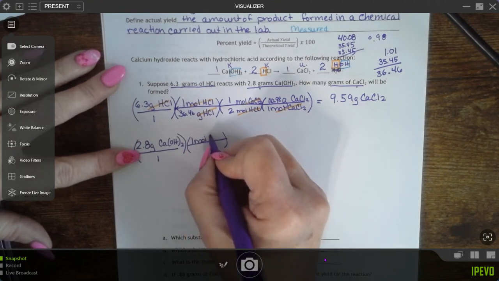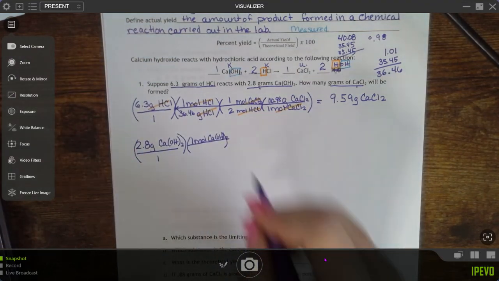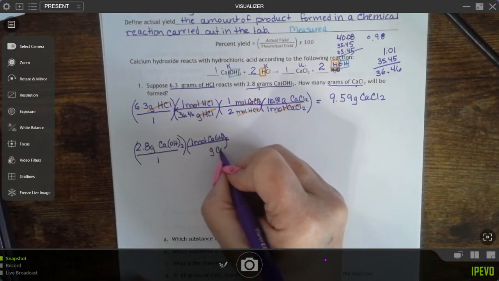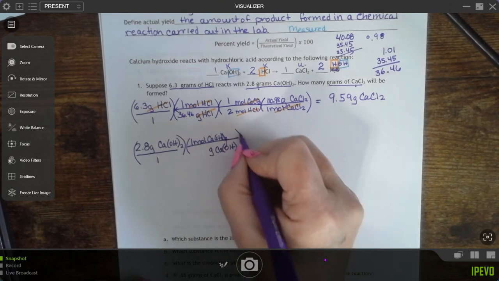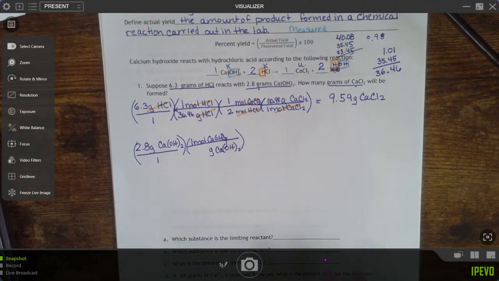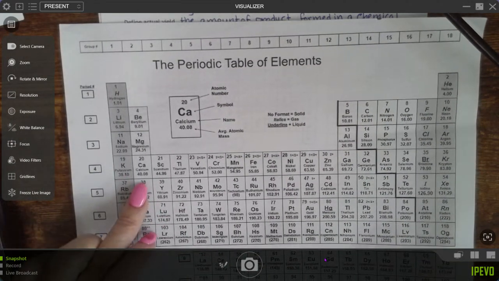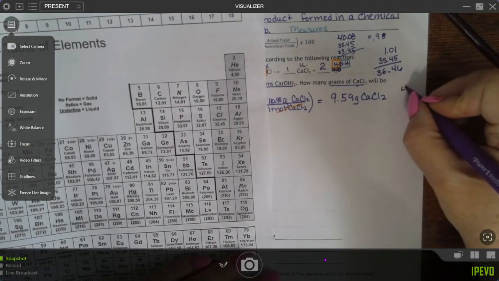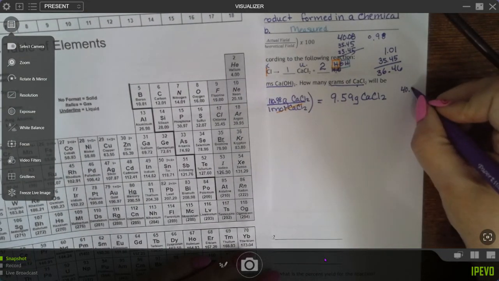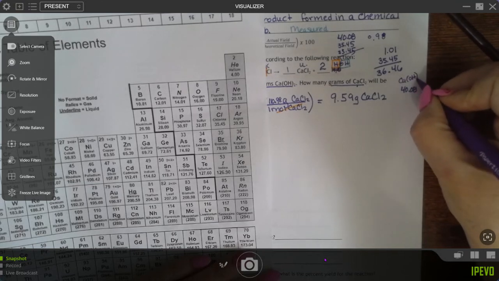So 1 mole of calcium hydroxide on the top, and then grams of calcium hydroxide on the bottom, which means we have to calculate the molar mass. So let's see, calcium is 40.08. So this is calcium hydroxide.